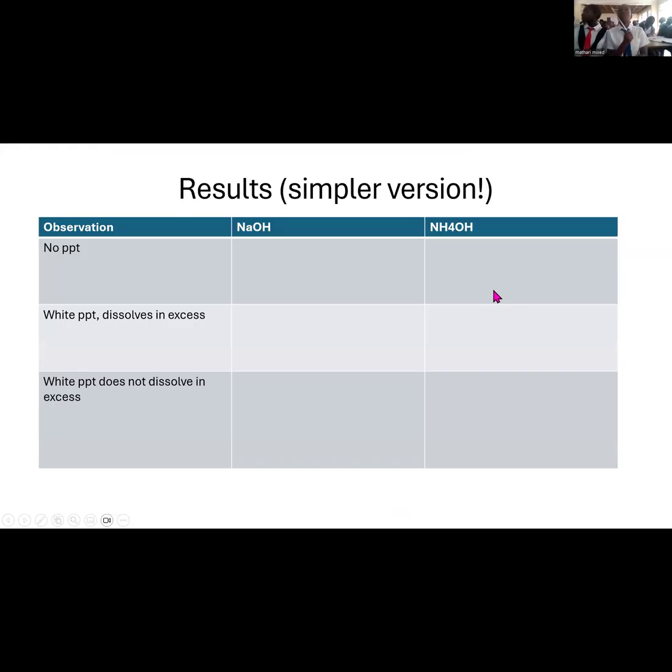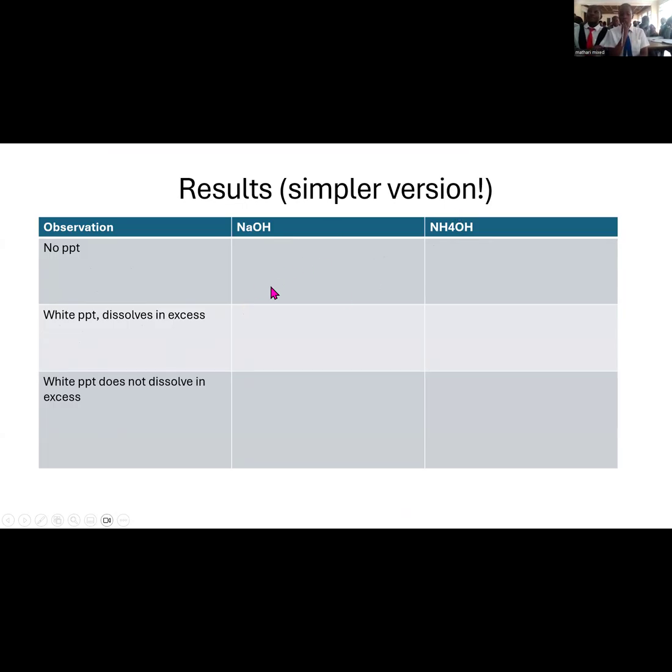So let's make it a little bit easier. If you want to draw out a table to record what happens, I'm going to have no precipitation as the observation, a white precipitation which dissolves in excess, and one which doesn't dissolve, with sodium hydroxide and with ammonium hydroxide.